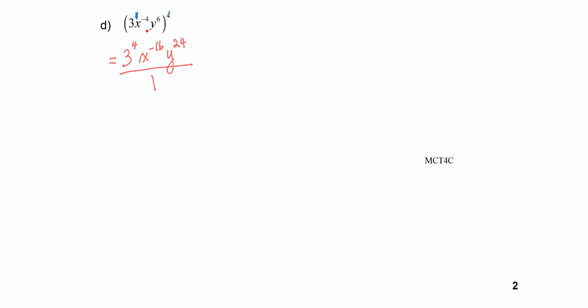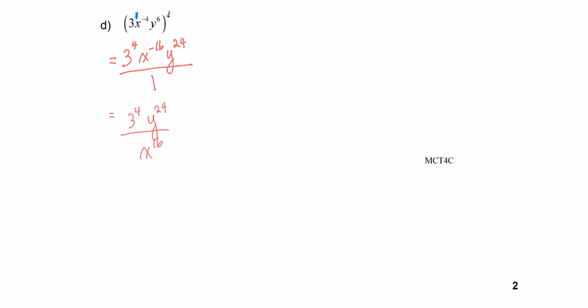But because of the x to the negative 16, we have to find some way to make that a positive power. And that's why we make that fraction. So the moment we make that fraction, we end up with 3 to the exponent 4. Well, the x to the 16 doesn't stay at the top. It's going to be moved to the bottom. So we're left with on the top y to the 24 divided by x to the 16.